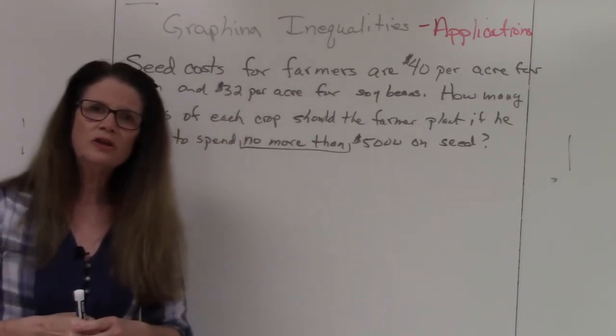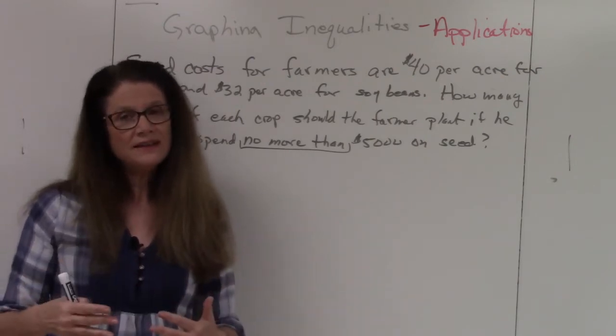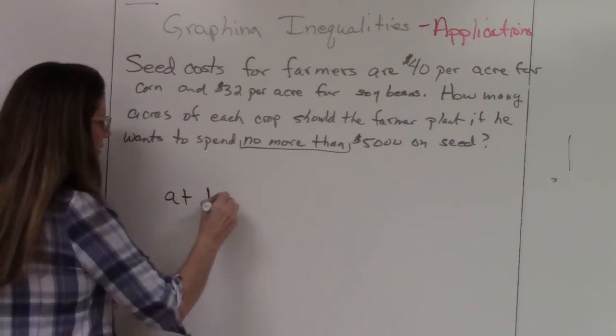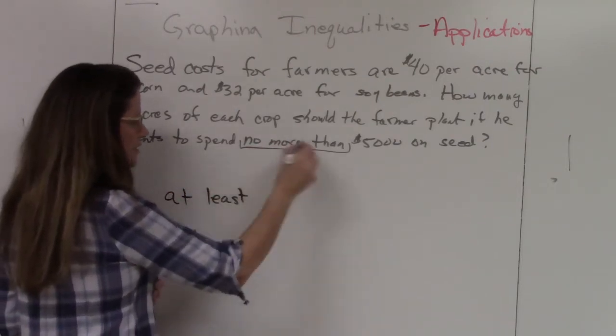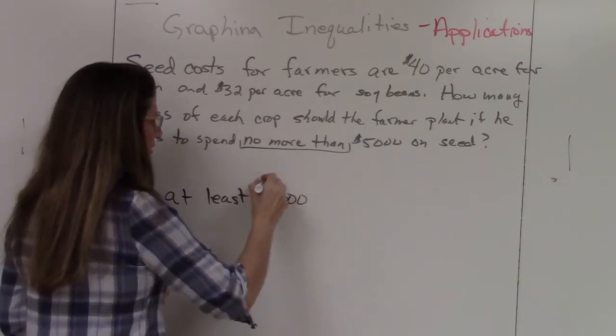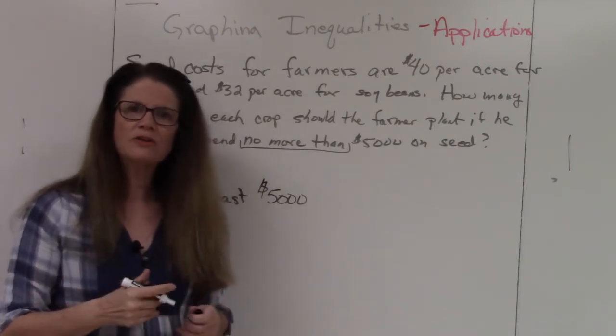Other terms that you're going to use are less than, greater than. At least is another one. So if you see the term at least, so let's say this said they want to spend at least $5,000. Okay, so if it says at least, again, take it back to a practical application.